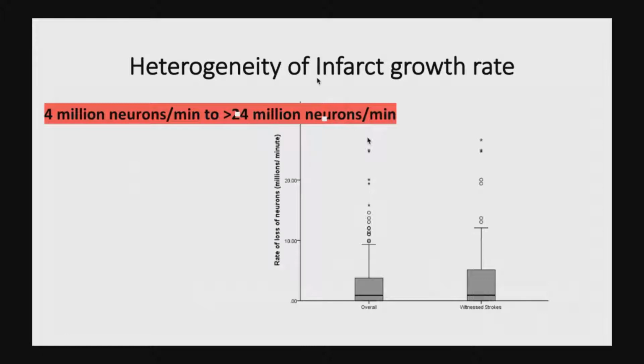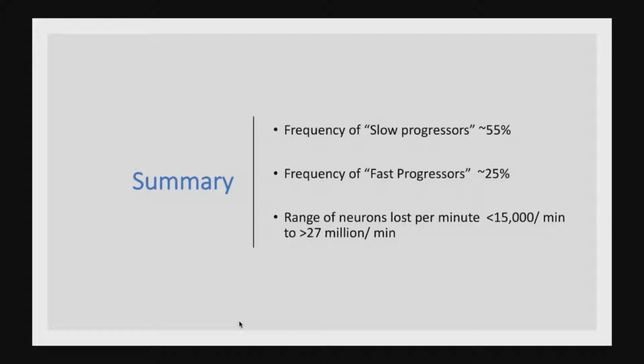So in summary, we can divide our patients with large vessel occlusion into those who are slow progressors, about 55% of our patients, and those who are fast progressors.